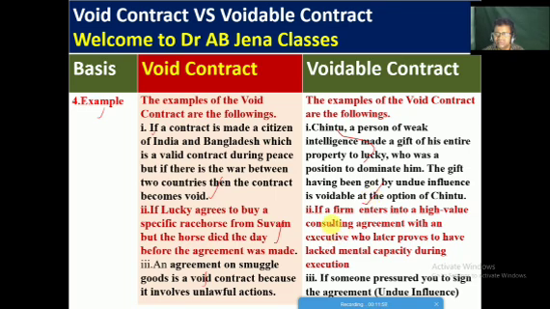Similarly, another example: a firm enters into a high value consulting agreement with an executive who later proves to have lacked mental capacity during the execution. Another example: if someone pressured you to sign the agreement, that is undue influence. So these are very good examples of void and voidable contracts.